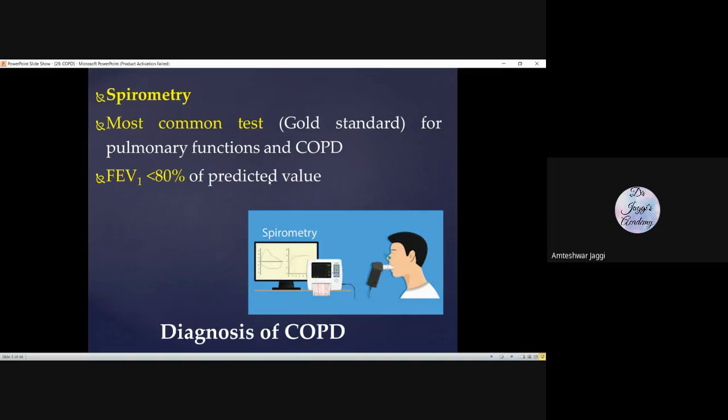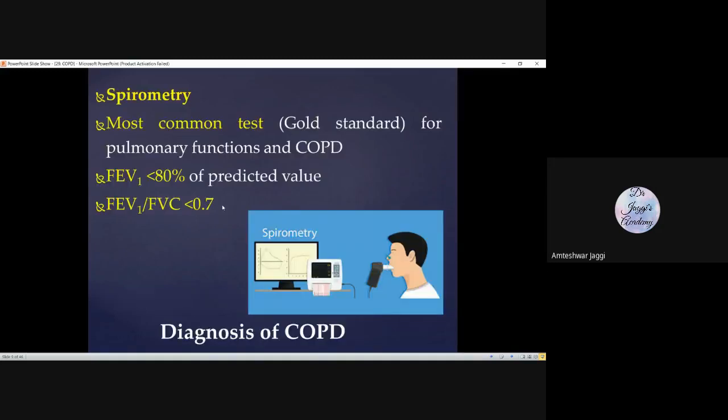That means the person will be given the bronchodilator, and after bronchodilation, he will be asked to perform spirometry. And even after that, you will get this value less than 80% of the predicted value. So you can see this belongs to this category of COPD. And then second thing, this ratio is less than 0.7.